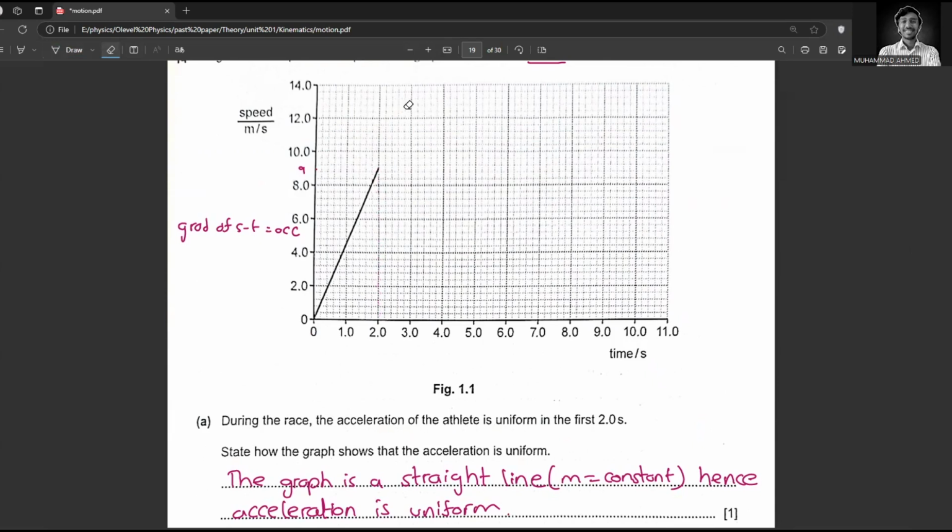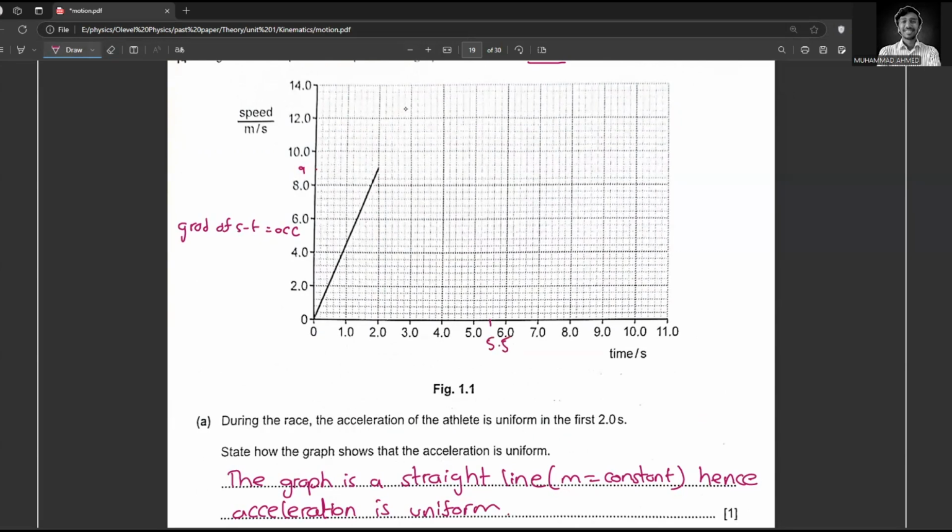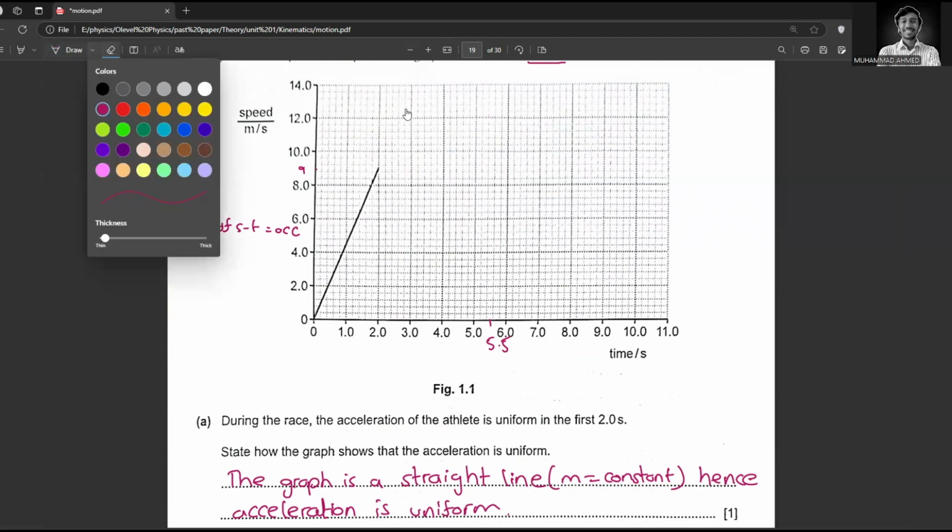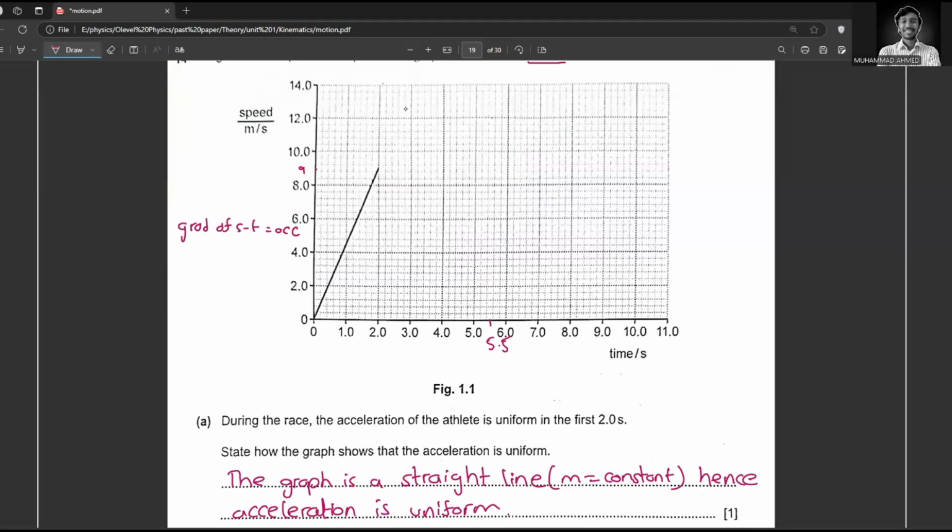From 2 to 5.5, 5.5 will be somewhere here. At 5.5, it reaches a value of 12. So somewhere here. Let me mark a much lighter point so that we get a correct graph. I hope you get it.